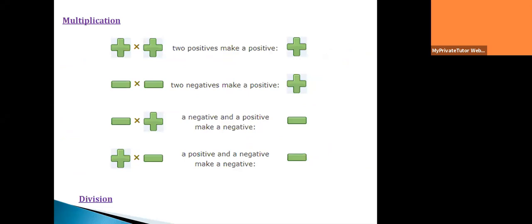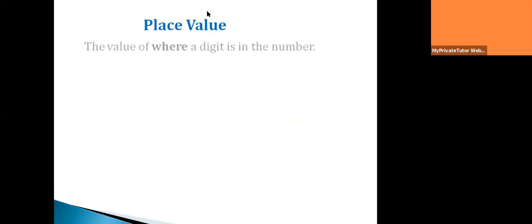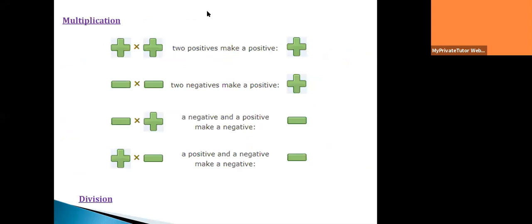One negative, one positive, we'll get the answer as negative. Okay, that's it for the representation of the number line and the basic arithmetic rules like addition, subtraction, and multiplication.